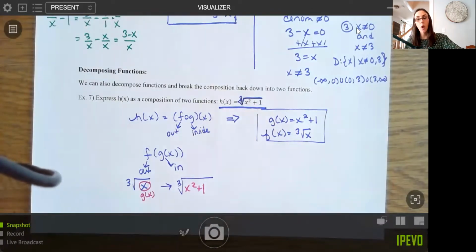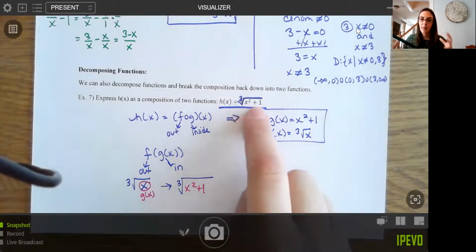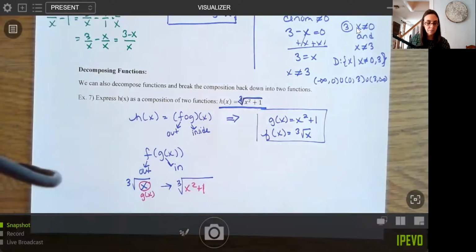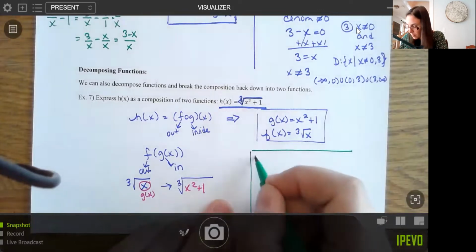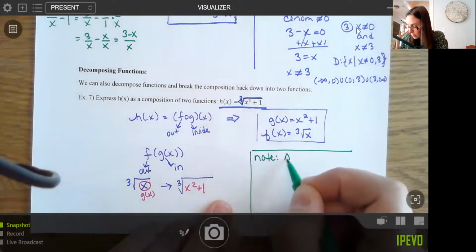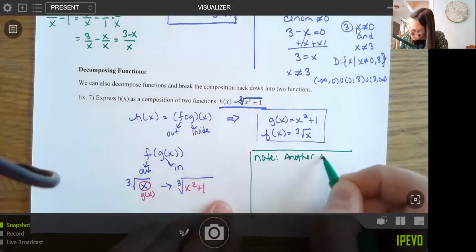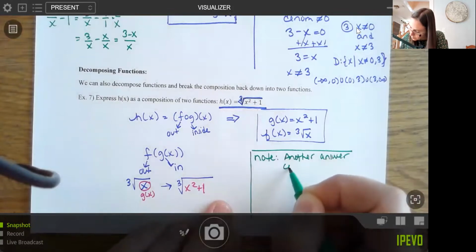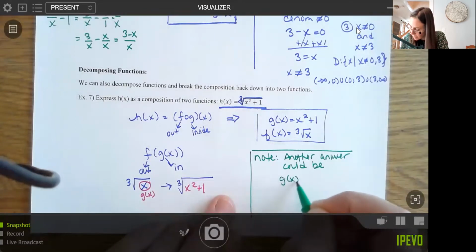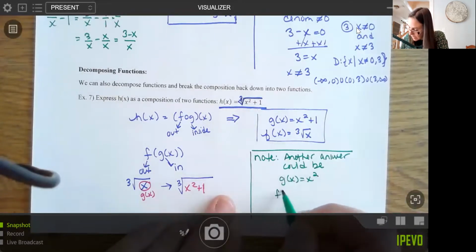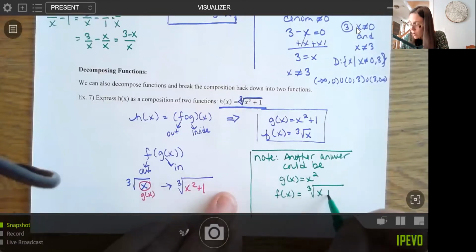Sometimes there is more than one answer, but you want to go with the most obvious answer. So usually here, again, if something is inside something else, then that is probably your inside function. I will make a note though, that another answer could be g of x equals x squared and f of x equals the cubed root of x plus 1.